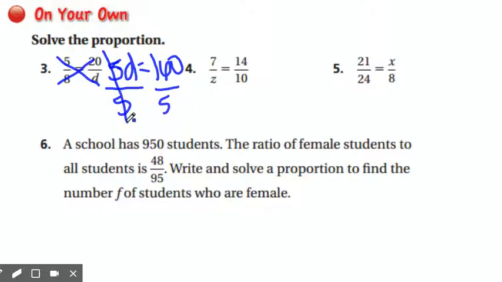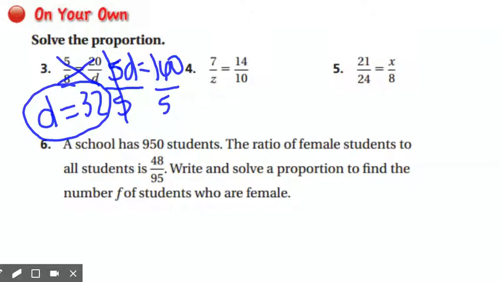Those 5's cancel, and you should end up with D equals 32. Sorry, I ran out of room on my slide a little bit when I wrote that. So D equals 32 should be your answer for that one.